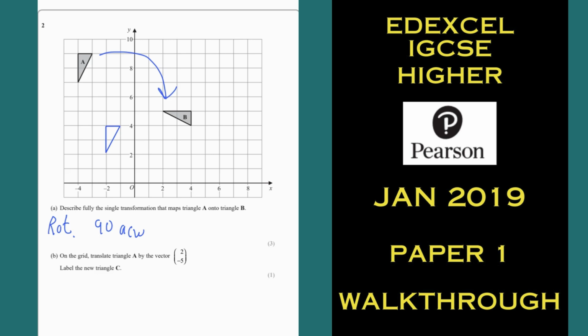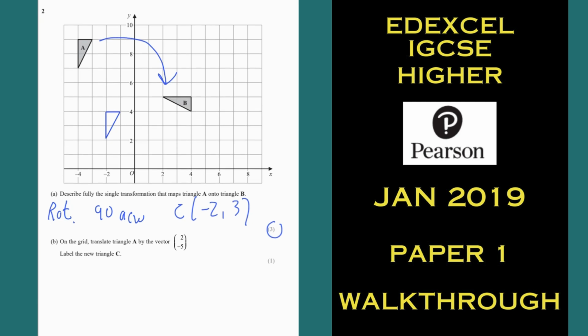So 90 degrees anti-clockwise, centre minus 2, 3. As you can see, worth spending 3 or 4 minutes on, so don't rush that question. Easy. Get the tracing paper if you need it. Nice.